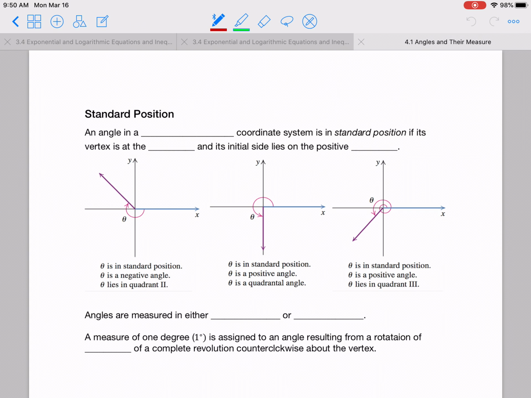All right. Next thing is standard position. So we all have to start agreeing on where we're going to measure all of our angles from.